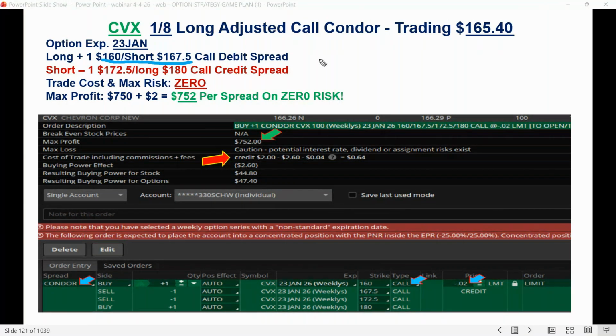And then we sold against that the 172.5, 180 credit spread, and we reduced our risk to zero. Actually, we had a $2 credit. So this $7.5 wide spread plus the credit that we adjusted down to gave us potential to make $752 on zero risk.